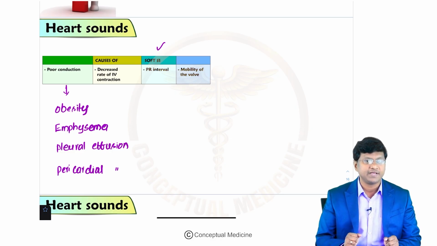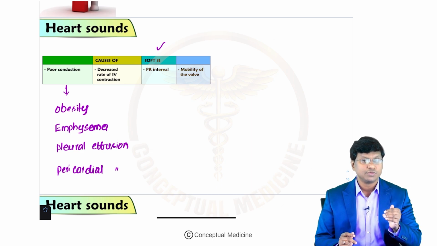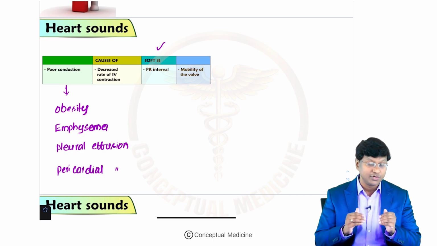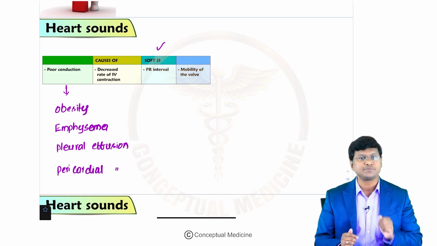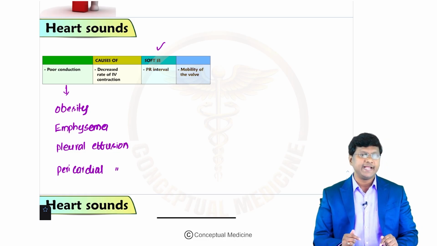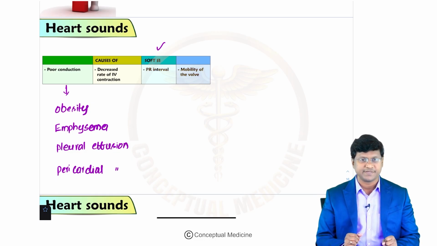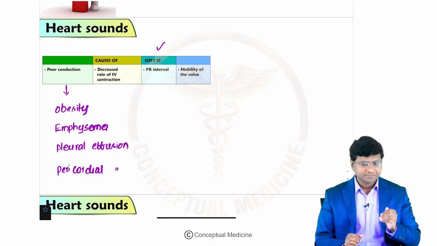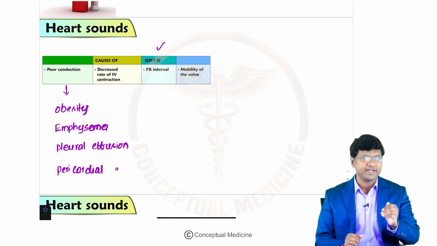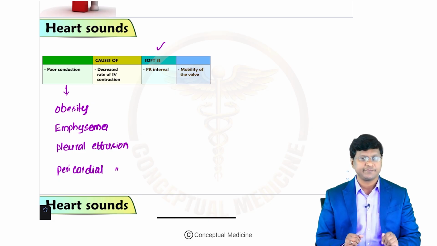In pleural effusion, you have a large quantity of fluid in the pleural space, and that will not allow the heart sound to be transmitted to the surface of the chest wall. And in pericardial effusion, there is a large quantity of fluid in the pericardial space, and that will not allow the heart sounds to be transmitted adequately to the surface of the chest. So these are all the conditions where you have poor conduction of the sound through the chest wall.